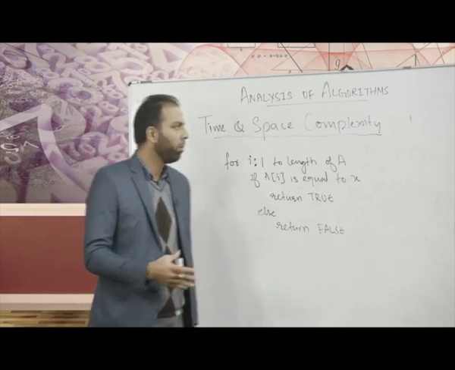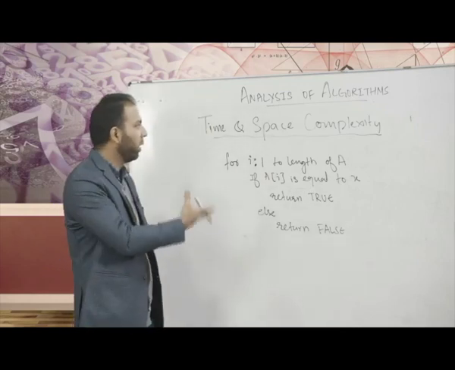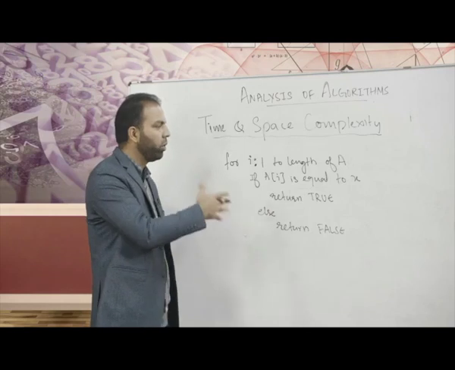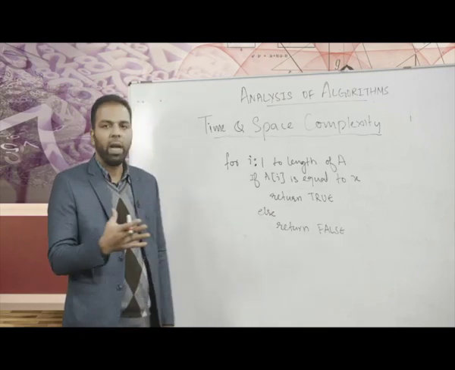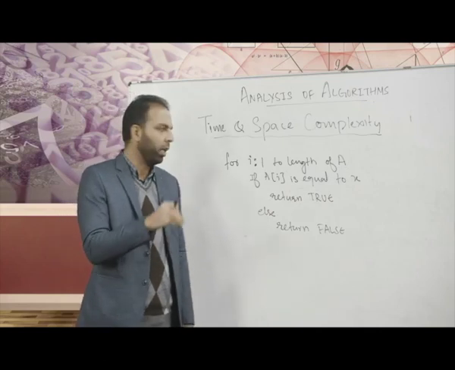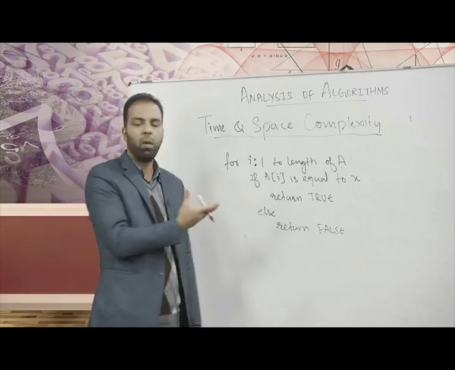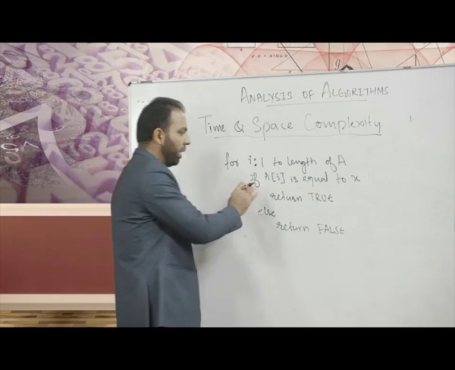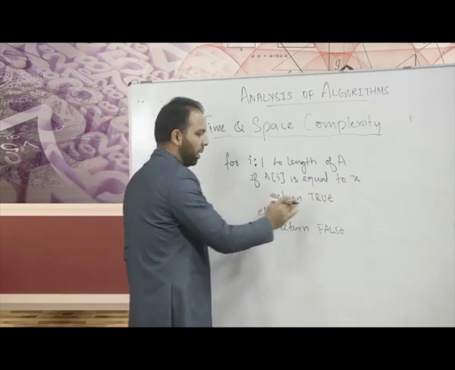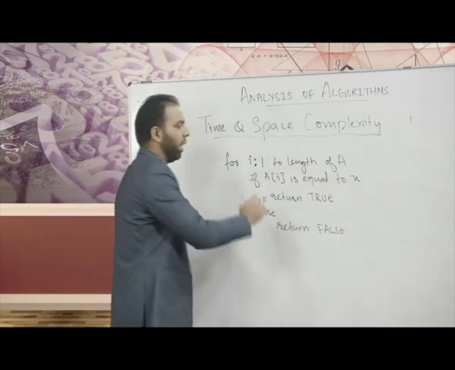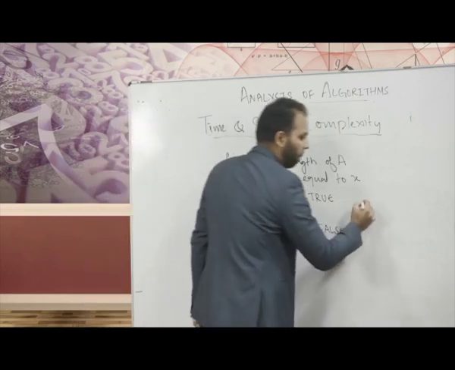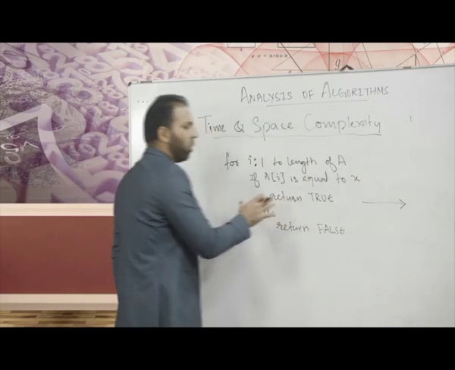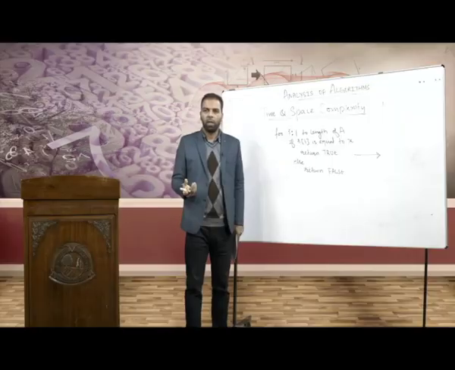Now before we started this time and space complexity, I told you that we have to assume that the major cost will be incurred by the number of operations. So if we look at this statement, if a_i is equal to x, how many times will this statement be executed? This depends on the value of x.